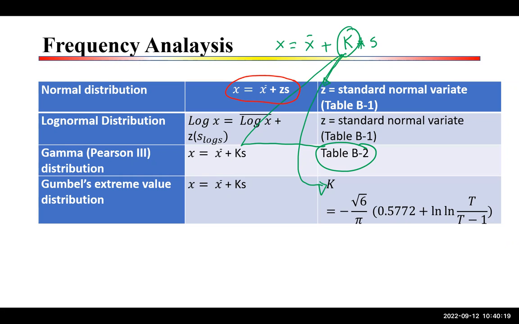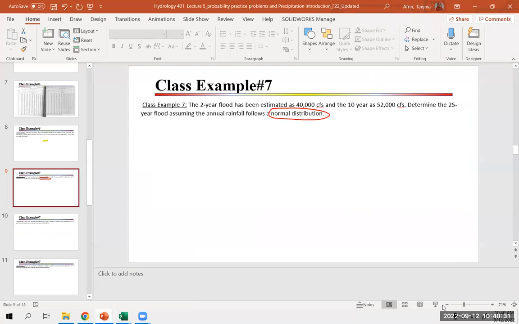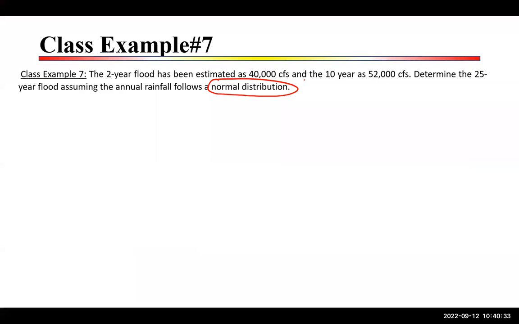Okay. So for the Z, all of you have your table B1? Everyone? Okay. So B1 is a little bit more difficult than B2, so I think I need to spend some time on that. We will do that. Since it's normal distribution, the equation is X equals X bar plus Z multiplied with S, right? Now X equals what?